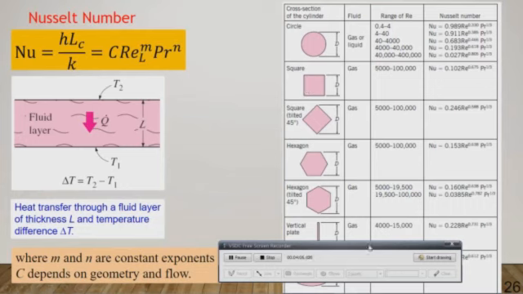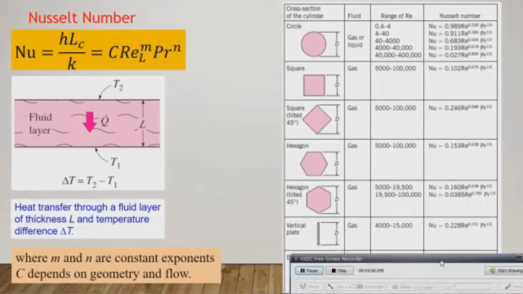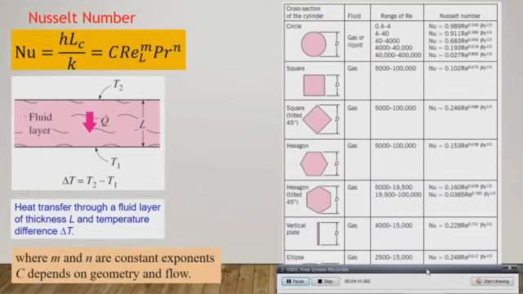To make our life easier, this table already categorizes types of geometry as well as fluid, and for different Reynolds numbers, it already gives the equation for the Nusselt number.